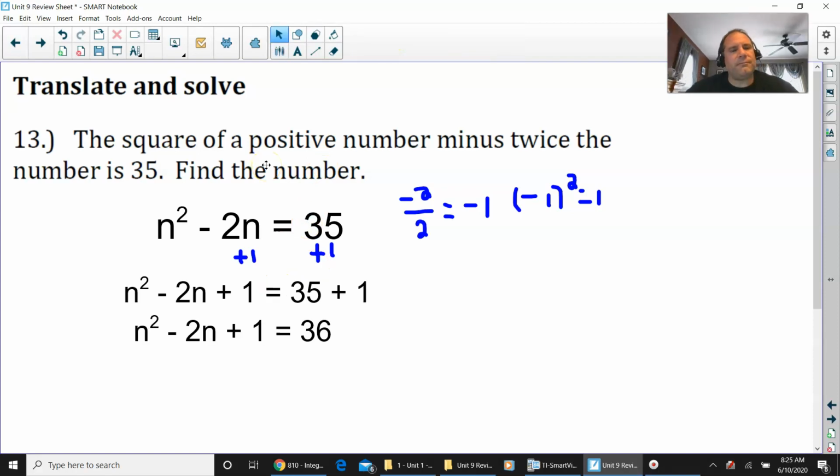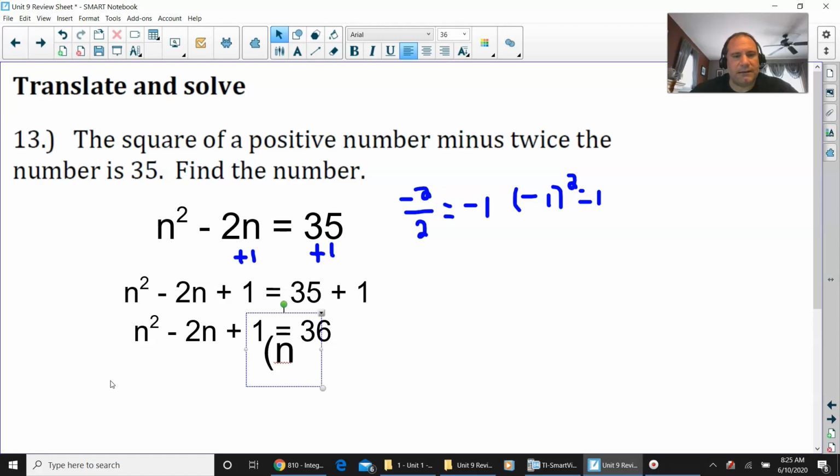So we have n squared minus 2n plus 1 equals 36. And now we are looking for two numbers that multiply to 1 and that add to -2. And very easily you have n minus 1 times n minus 1.